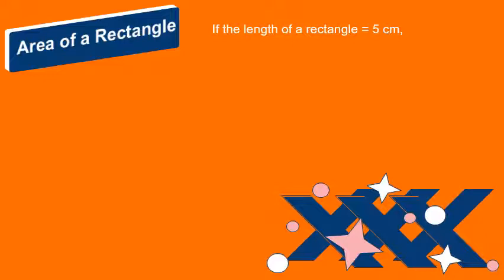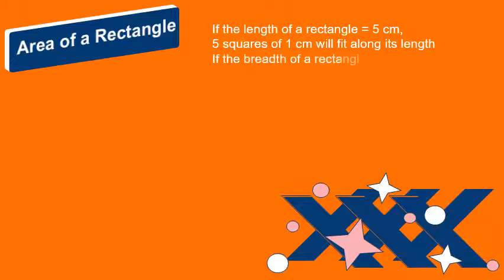So, a rectangle has 2 lengths and 2 breadths. Suppose the length of a rectangle is equal to 5 centimeters, so 5 squares of 1 centimeter will fit along its length. If the breadth of a rectangle is 4 centimeters, then 4 squares of 1 centimeter will fit along its breadth, right?